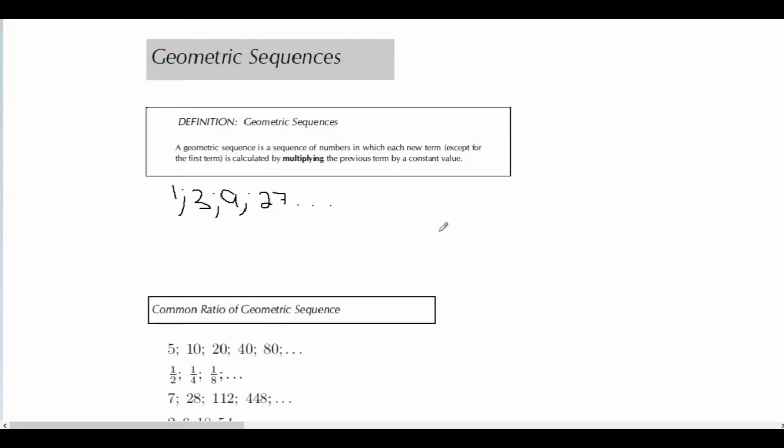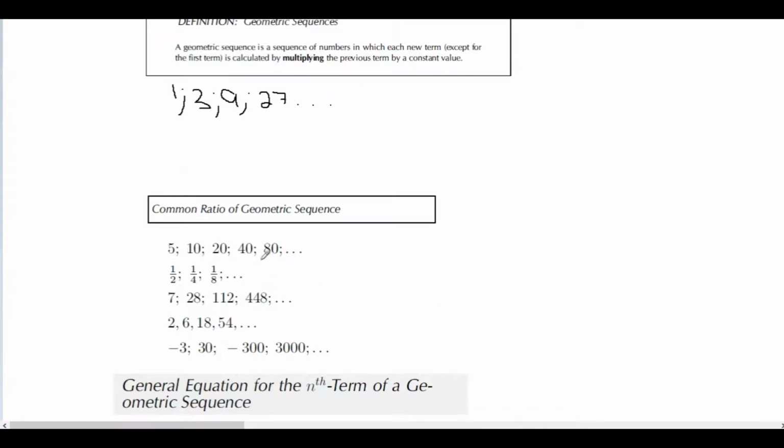So before we were adding a common difference. In this case, we're going to be multiplying by a common ratio, and that is what we define as a common ratio. In these examples, just as we did before, we're going to determine our common ratio. To get from 5 to 10, we could add 5, but if we add 5 again, we're not going to get 20.